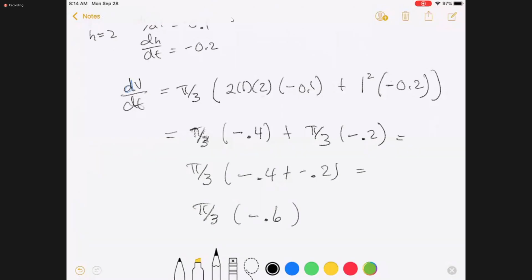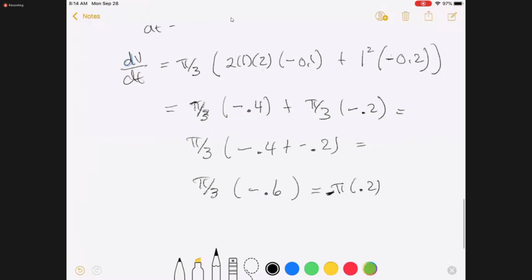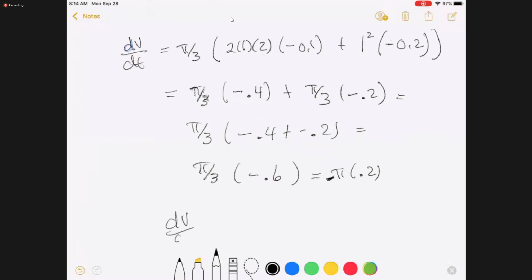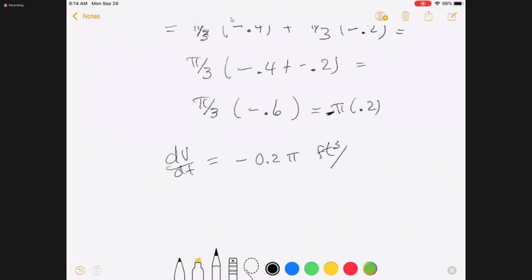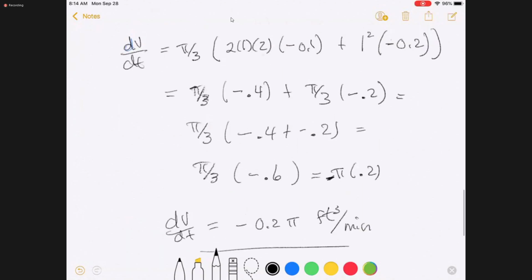So I guess I could divide out a 3. That's minus, and that would be times 0.2. So dV/dt is minus 0.2 pi. It will be cubic feet per minute, when r is equal to 1 and h is equal to 2.